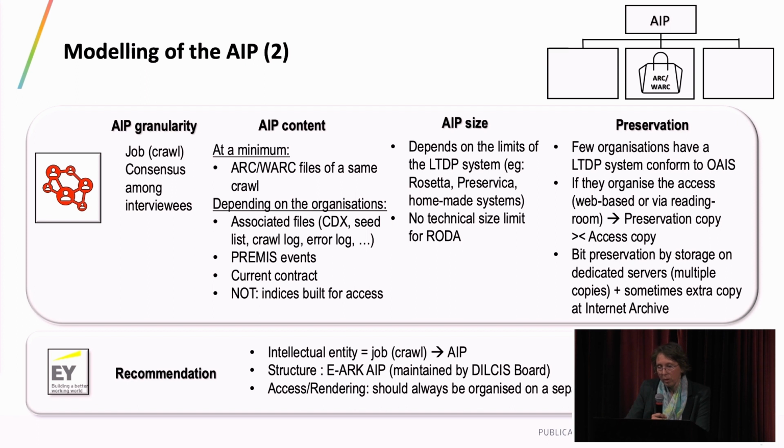So nearly all do preservation by bit preservation, with usually storage on dedicated servers and multiple copies. Some say, okay, but the extra copy is at the Internet Archive, but more than that depends very much on the institutions.